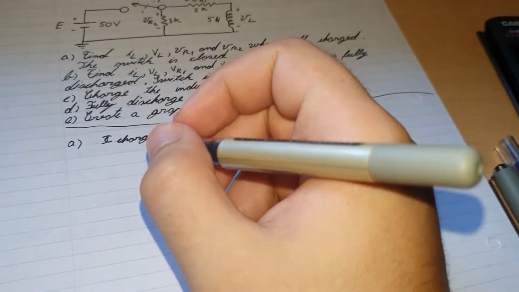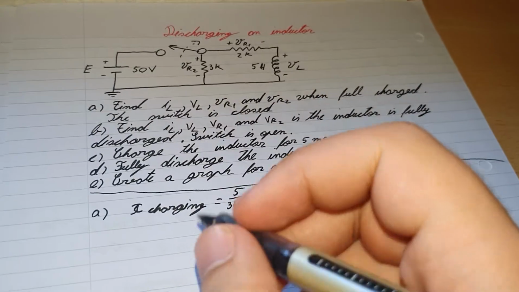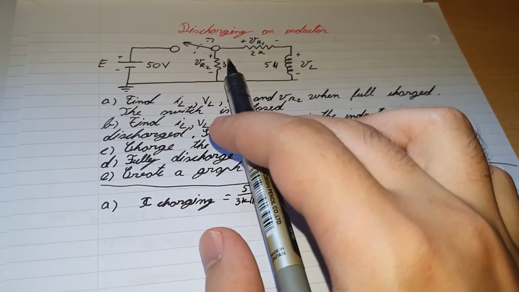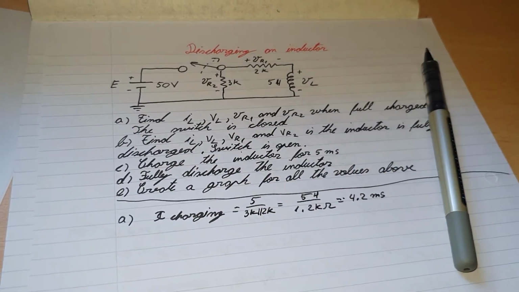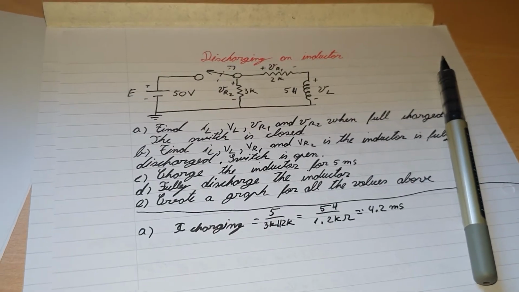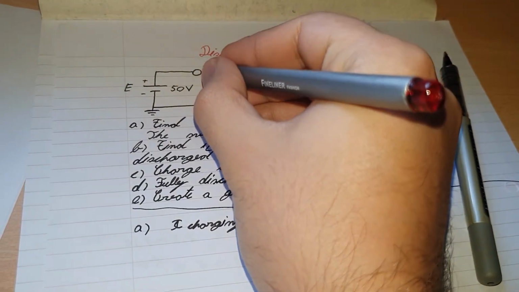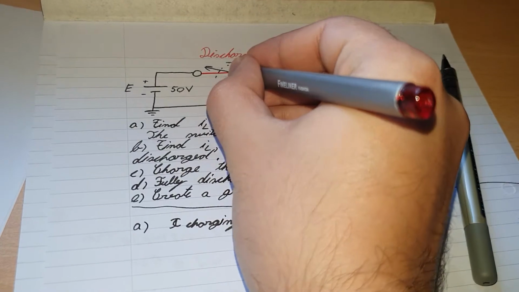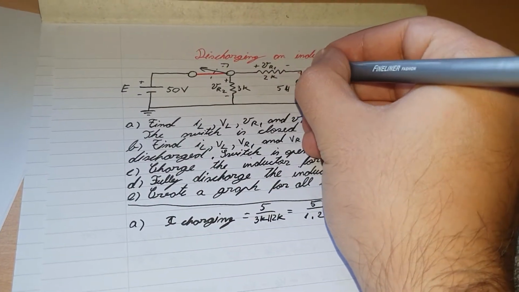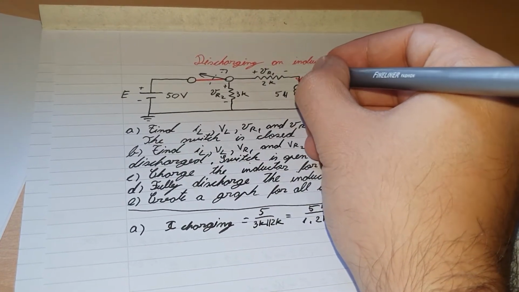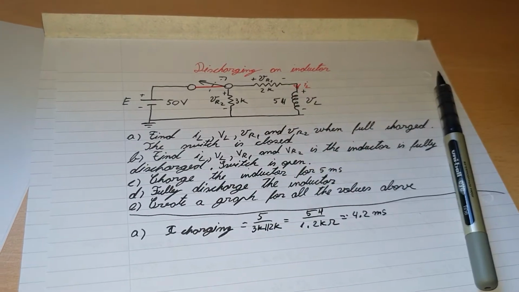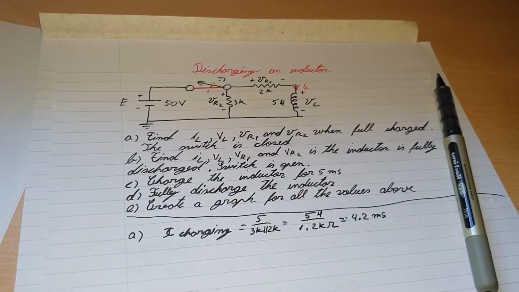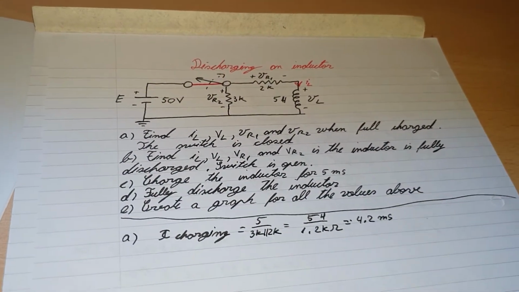Okay, now the next step after calculating the constant for charging is to calculate the current through the inductor when charging. So let me put a red wire here and let me mark here, this is the current direction IL when charging. So we use IL for charging.